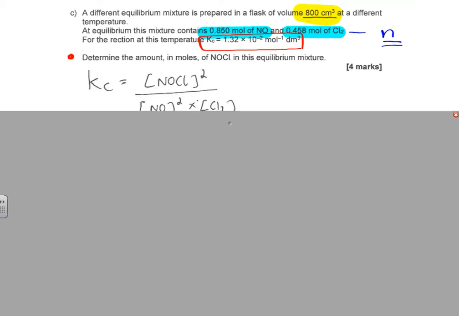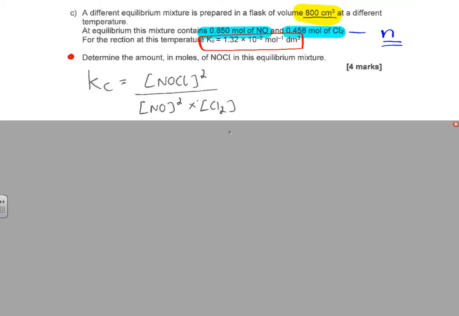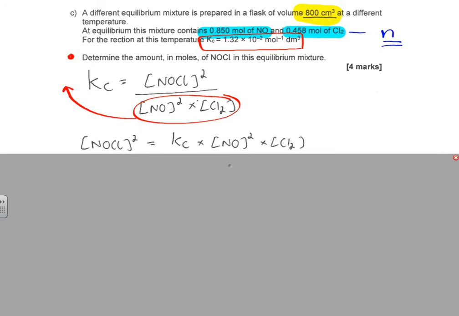So, this was the Kc expression we had in the previous part, and what I'm going to need to do is rearrange it so that I can calculate NaCl. Now what I'm going to do, of course, is take this part at the bottom and move it to the other side by multiplying both sides by it, and that would give me an expression that looks like this. NaCl squared is Kc times NO squared times Cl2.